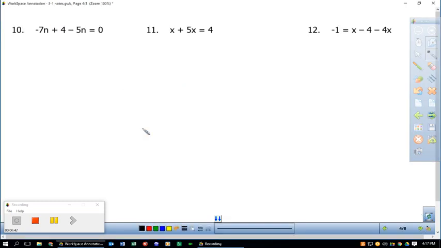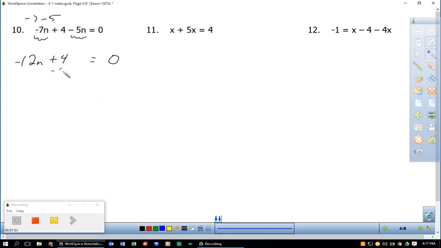All right, number 10, combining like terms still. Negative 7n minus 5n. Negative 7 minus 5 is negative 12, so negative 12n plus 4, that would take care of everything over there, equals 0.